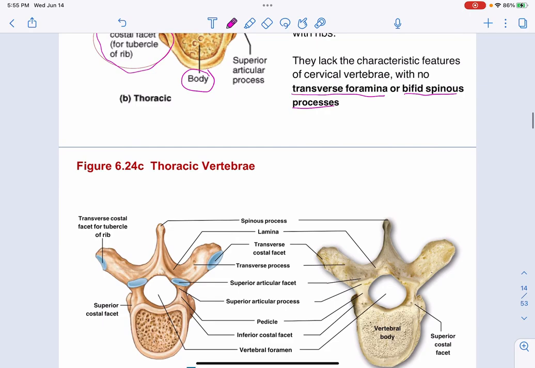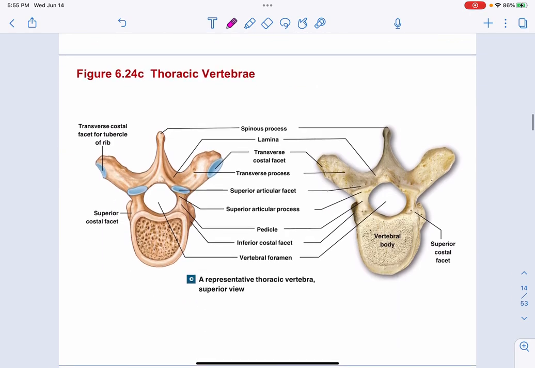So let me show you a better view of these transverse costal facets. So there's going to be a rib that attaches to all thoracic vertebrae. So this is like the distinguishing feature that should alert you to the fact that you are looking at a thoracic vertebrae. And then there's going to be other costal facets.